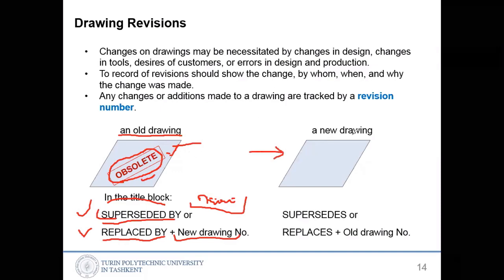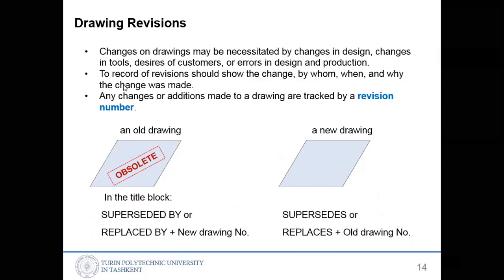In the new drawing, in the title block you write "supersedes" and then the old number, or "replaces" and the old drawing number, because the old drawing might be useful in some cases. Those techniques are used in industry.